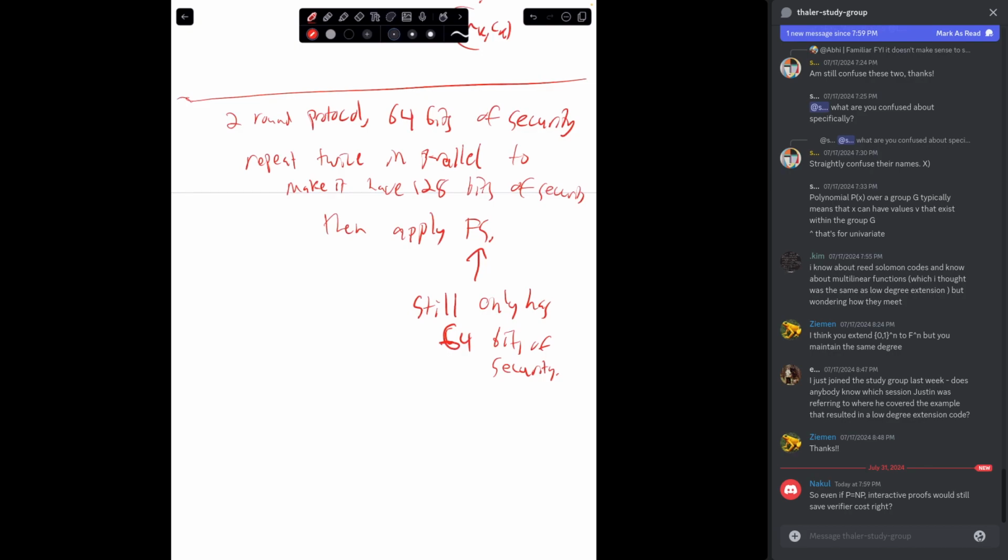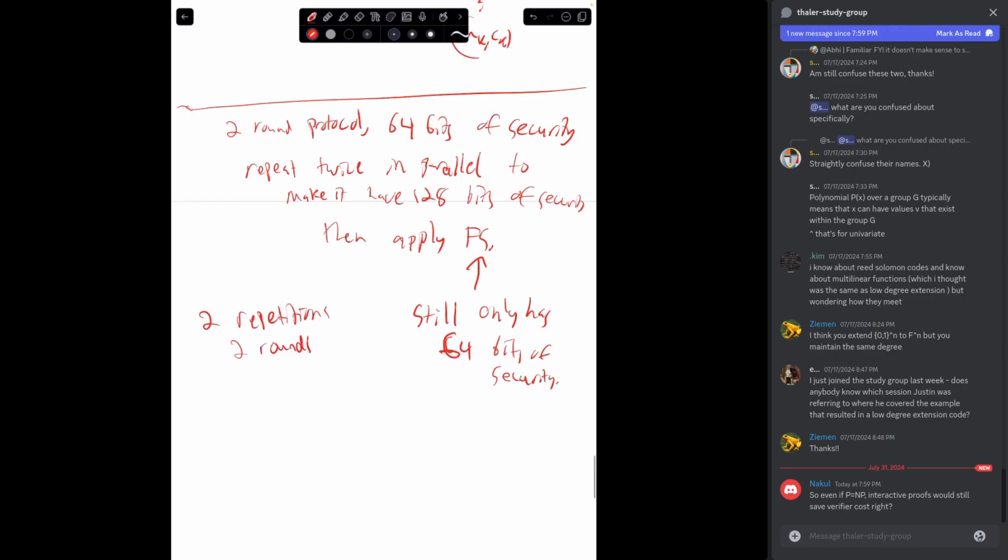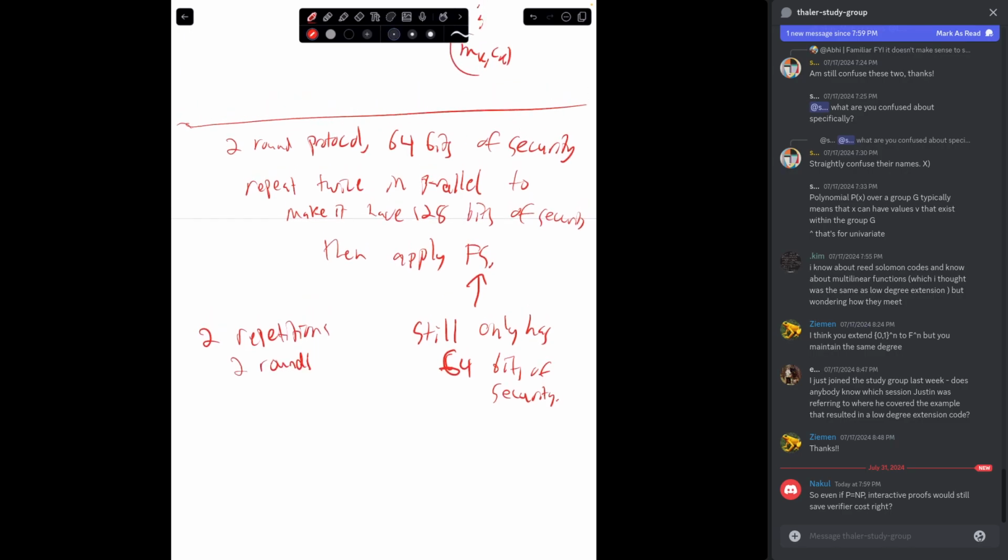So what's going on is, the repeated protocol has 2 repetitions and 2 rounds. And I'm waving my hands a lot here, but once you Fiat-Shamir it, you can use the first round to attack repetition 1 and the second round to attack repetition 2.